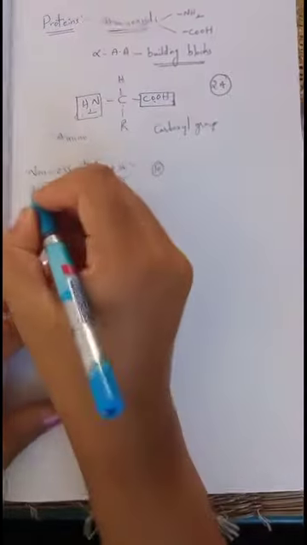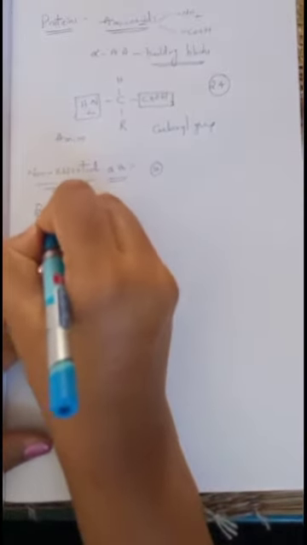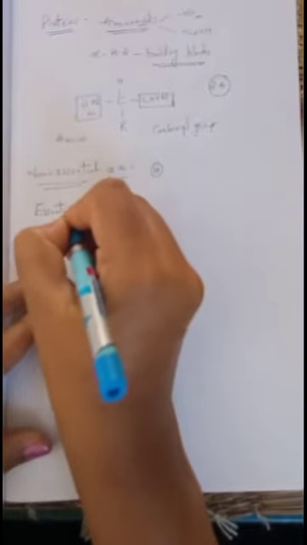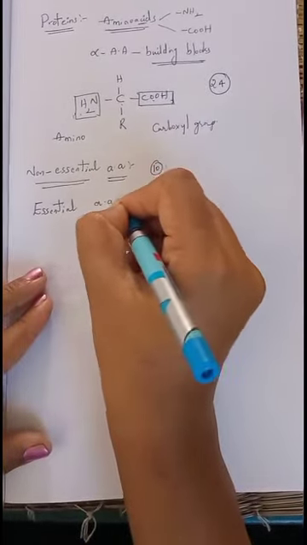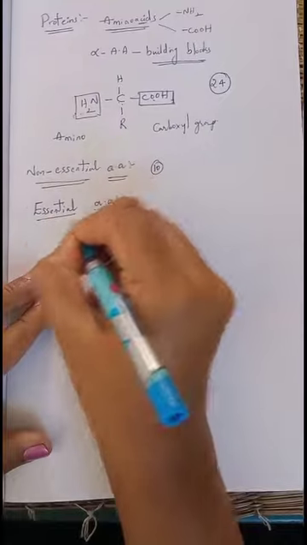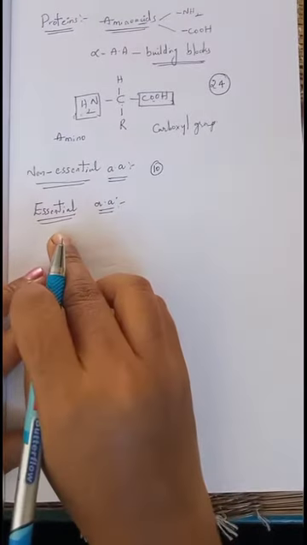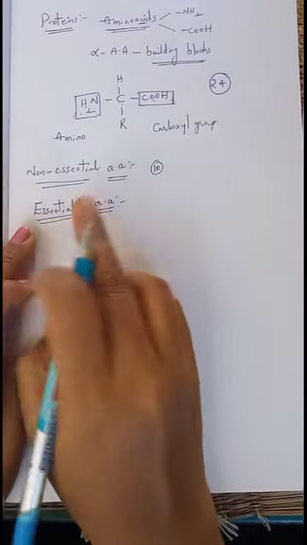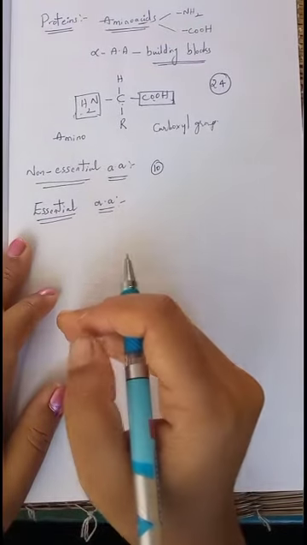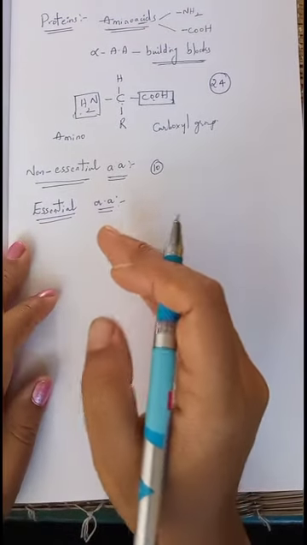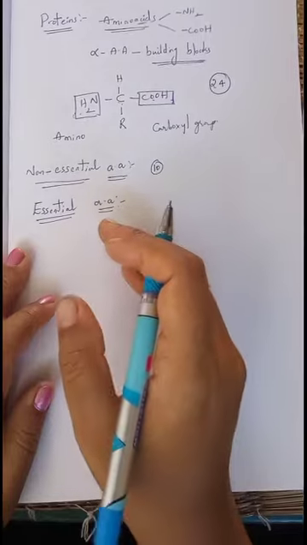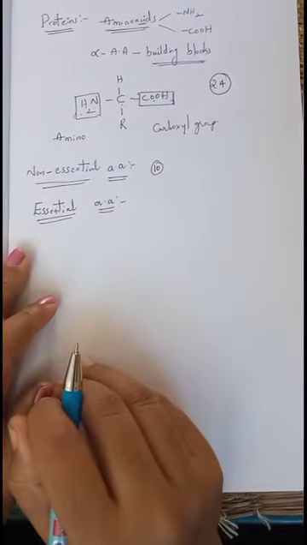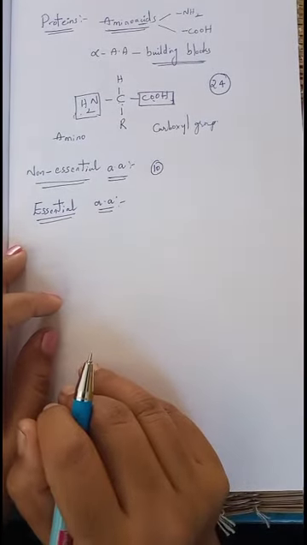Next, essential amino acids. Essential means they are required, because they are not synthesized in the human body. These amino acids are not synthesized in the human body but have to be taken through the diet. Such amino acids are said to be essential amino acids.